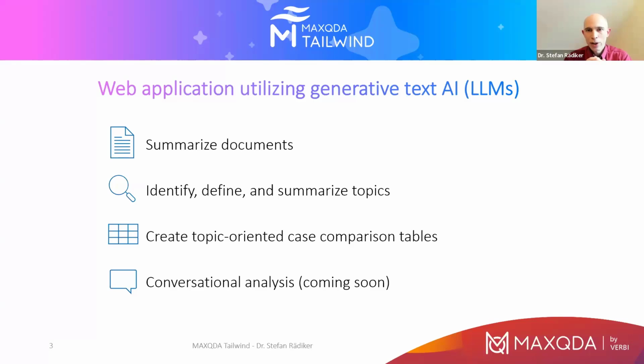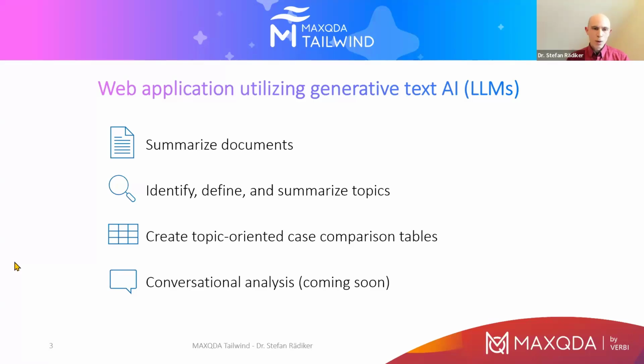We can summarize documents using Tailwind. We can identify, define, and summarize topics within those documents. And we can create documents-by-topic tables, allowing us case comparison. Very soon it will also include a conversational analysis, which allows us to chat with our documents.